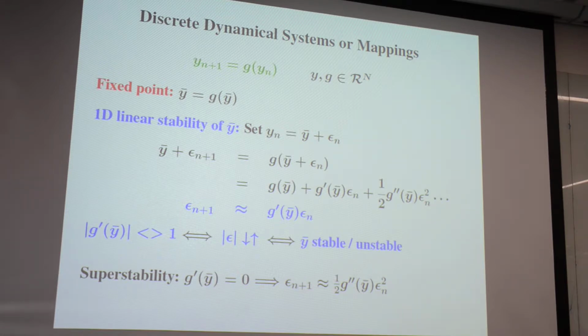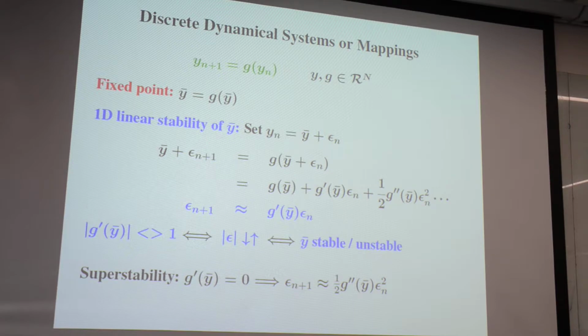There's one more definition here which doesn't exist for the continuous case. You can see that it gets smaller and smaller when g prime of y bar is less than 1. But when g prime of y bar is 0, it gets smashed down, and that's called superstability.